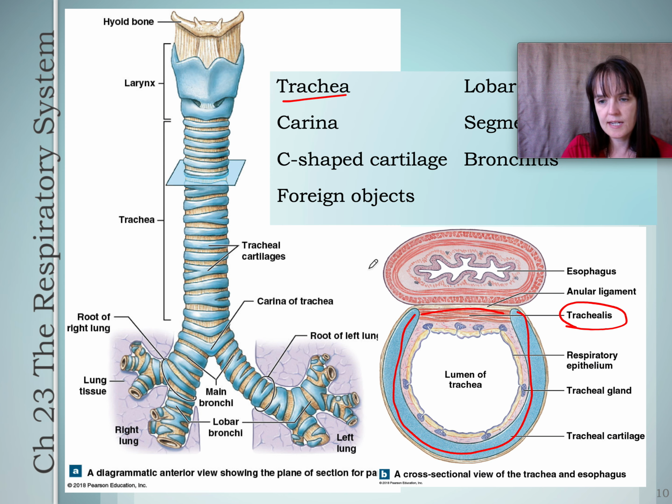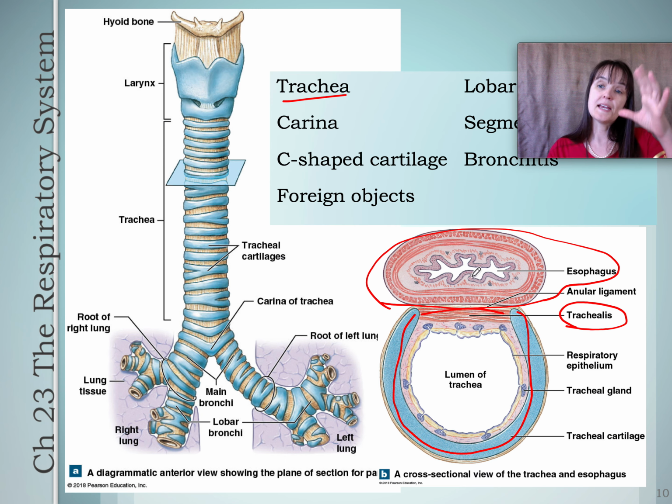So you can see here in this drawing of the esophagus that when it is empty, it is closed. And then as you swallow, the bolus of food will push it open, and then it closes again behind the food.